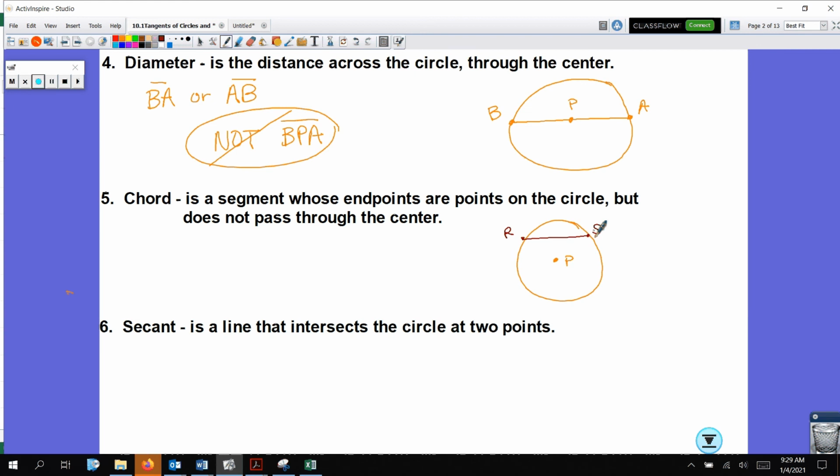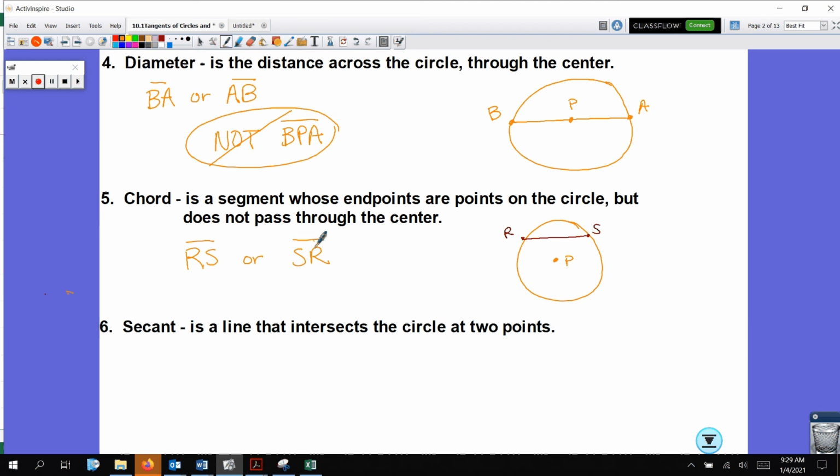A chord is named the same way, just the two letters. My pen does not like that color. Let's go back to orange. So we could say RS, or we could say SR. That is naming the chord.